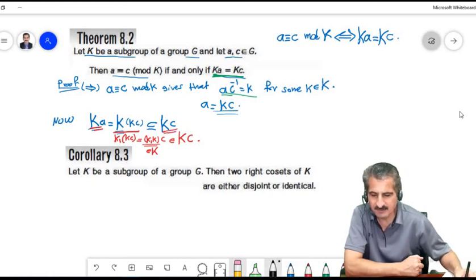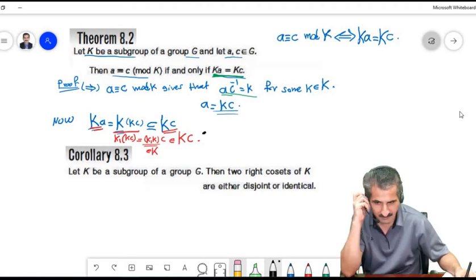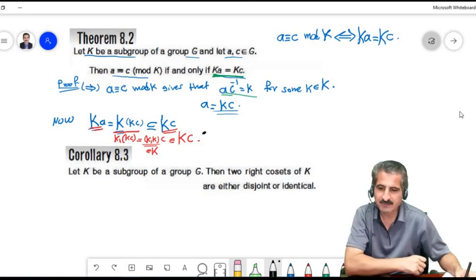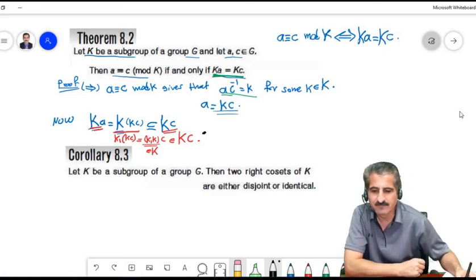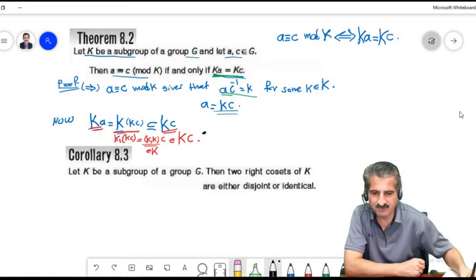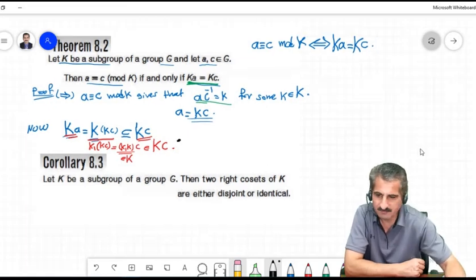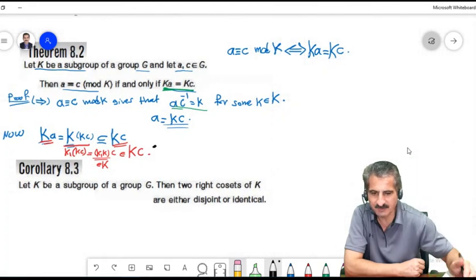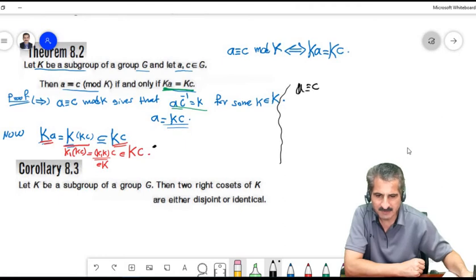Now similarly, we will show that KC is contained in KA. So we have shown KA is contained in KC. Now A is congruent to C modulo K. That means C is congruent to A modulo K, right?